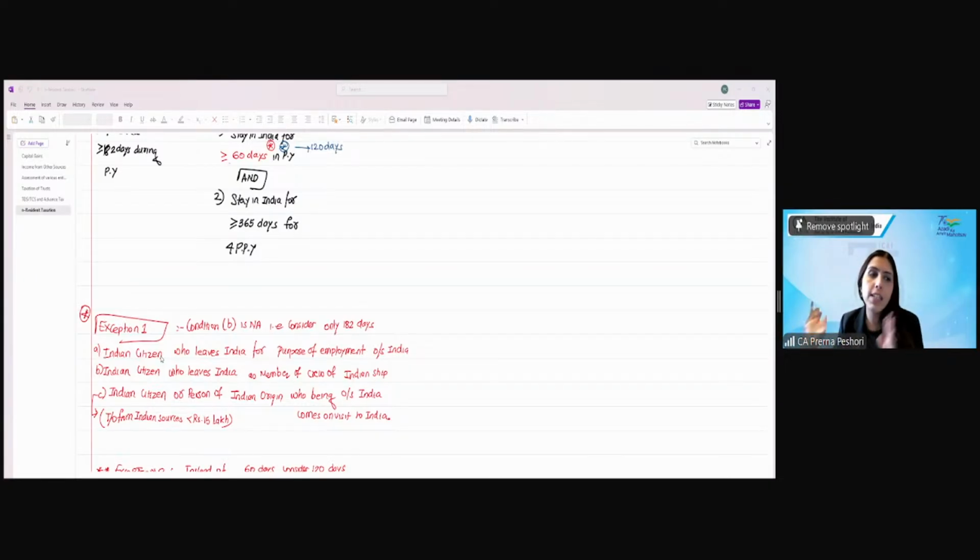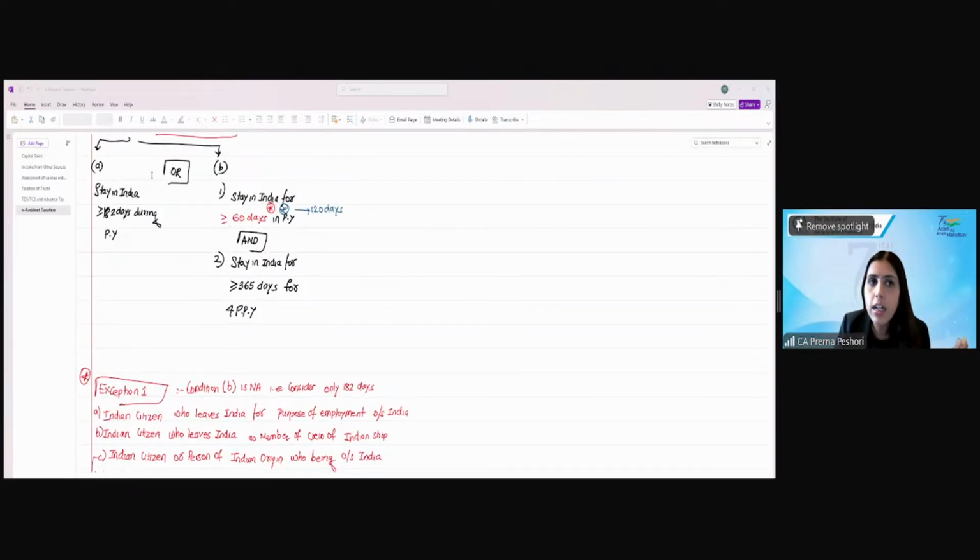Here they only talk about the Indian citizen, not the PIO. So here we will consider both the conditions for such a person because the exception will not apply, because I am not an Indian citizen. Yes, this exception is only there for Indian citizens.